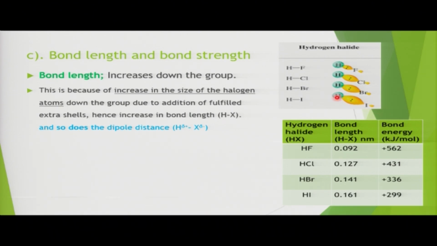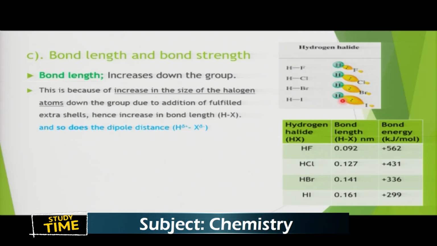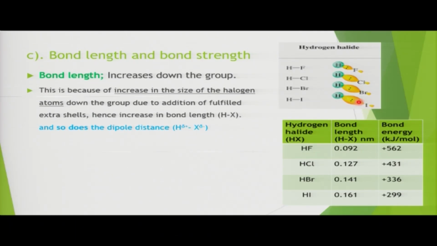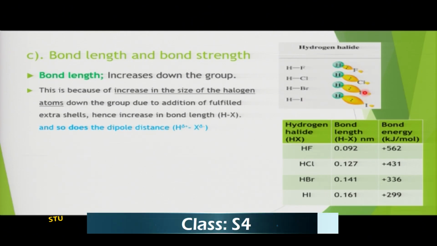The end product is, as the electrons are being shared, as you see these dots, they are far away from the iodine atom, in the same way from the hydrogen atom. So we have the bond length increasing due to the increase of the size of the halogen atom, simple.